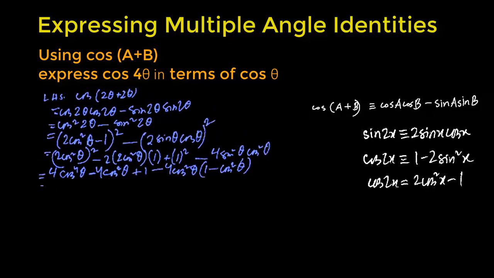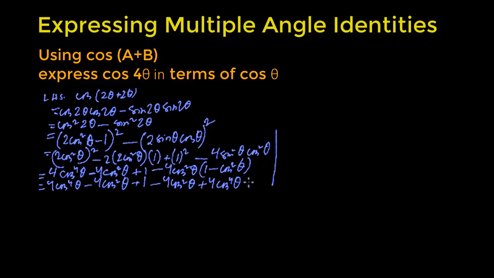So what do we get now? We are getting 4 cos to the power 4 θ minus 4 cos square θ plus 1 minus 4 cos square θ into 1 is 4 cos square θ, minus 1 is plus 4 cos square θ into cos square θ, which is going to be 4 cos to the power 4 θ. For the final line, we need 8 cos to the power 4 θ.